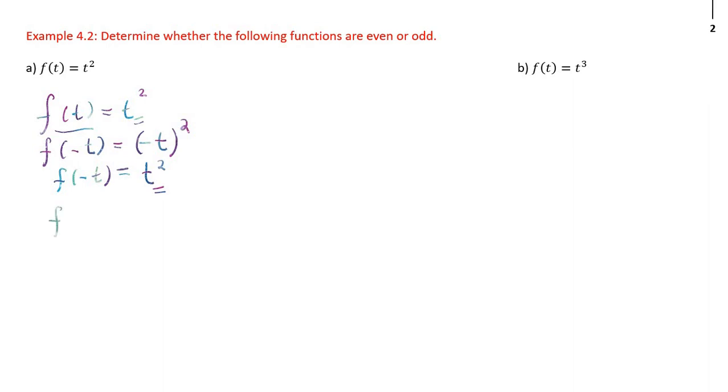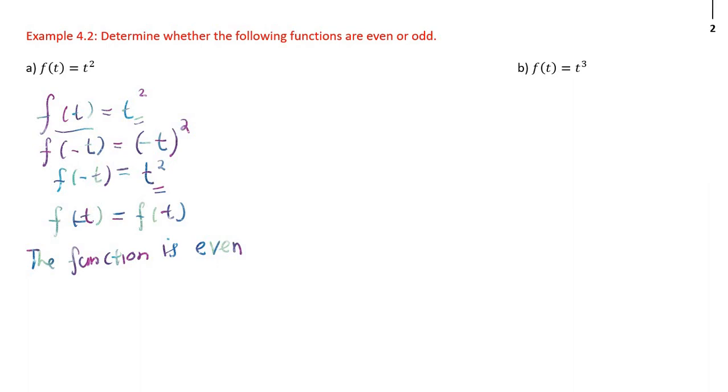Meaning that f(negative t) equals f(t), then we can conclude that the function is even.